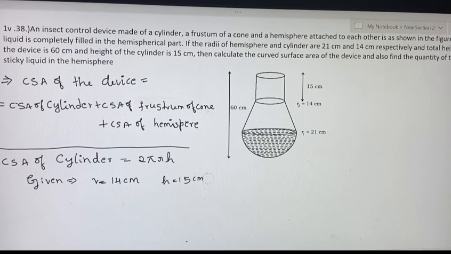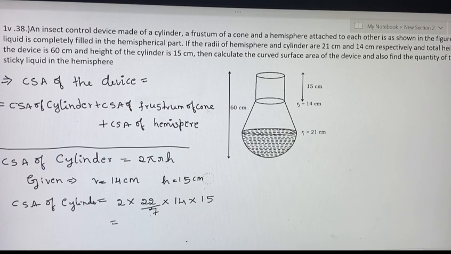Now we'll replace these values with the given data. That is CSA of cylinder is equal to 2 into pi, where the value of pi is 22 by 7, into r which is 14, and h is 15.